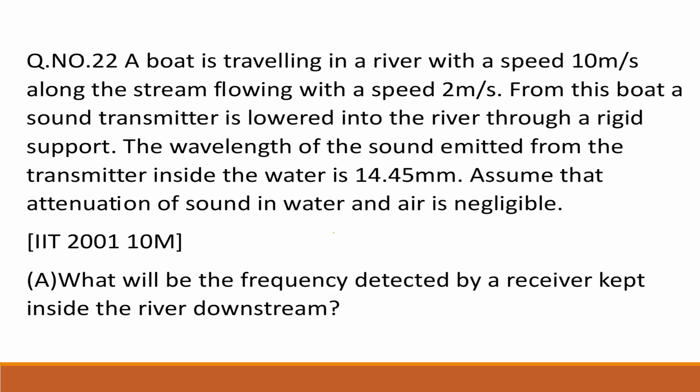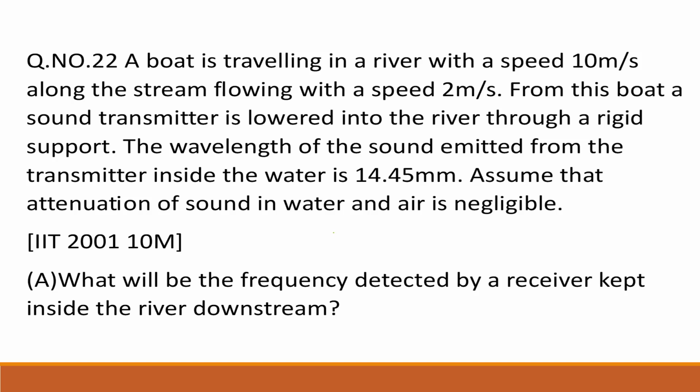Okay. Let us now focus carefully on how we are starting the problem. First, see what we have to calculate. What will be the frequency detected by a receiver kept inside the river downstream?